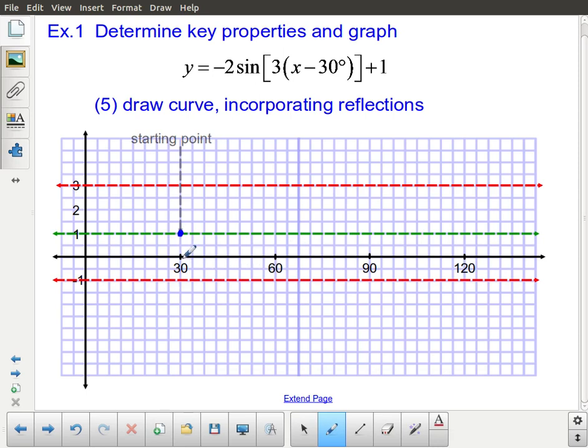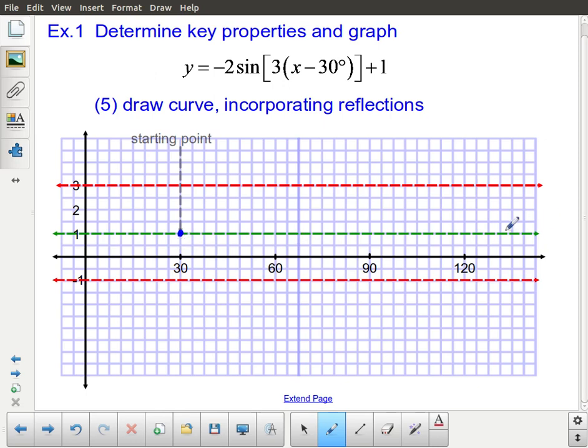And we know, well, what do we know? We know that after one full period, now be very careful here, one full period is 120 degrees from the starting point. And each 30-degree interval is 1, 2, 3, 4, 5, 6, 7, 8 squares.